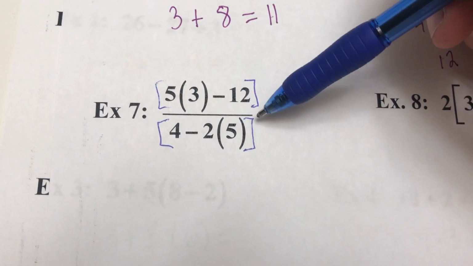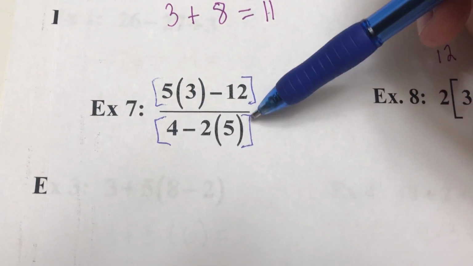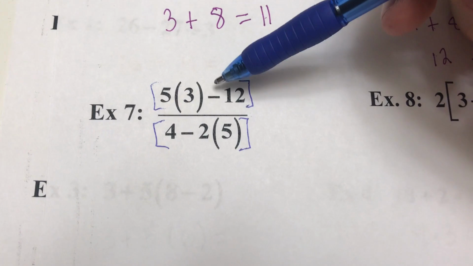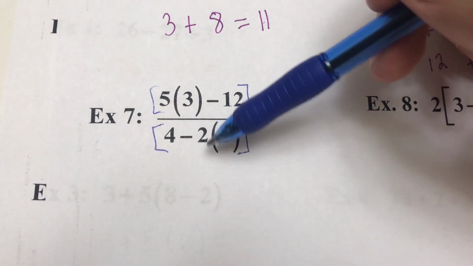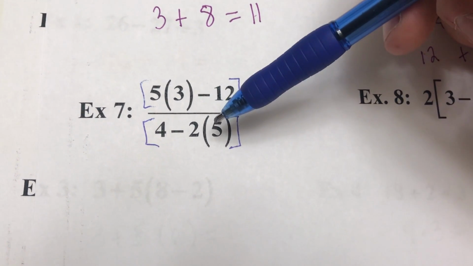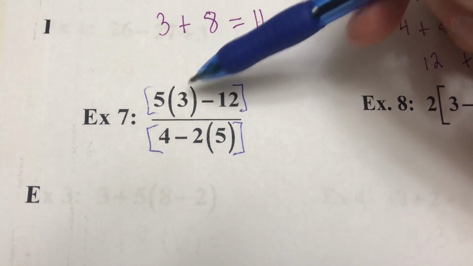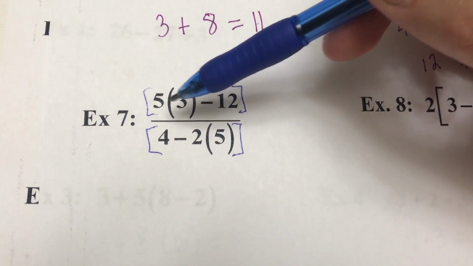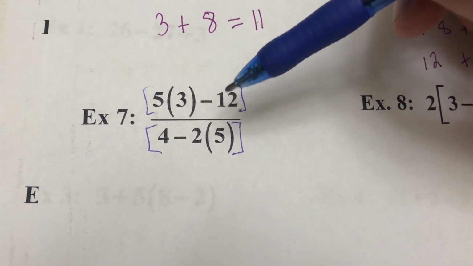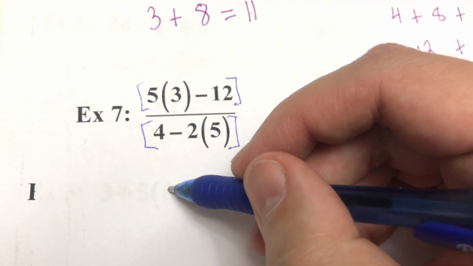We cannot perform this operation of division with the bar until we get a single number in the numerator and a single number in the denominator. So, in the numerator, we have 5 multiplied by 3, which is 15.